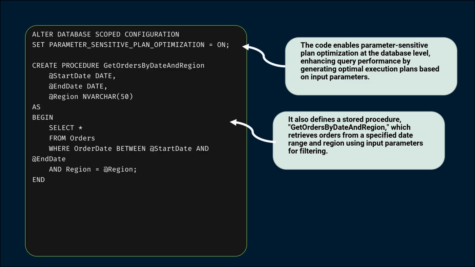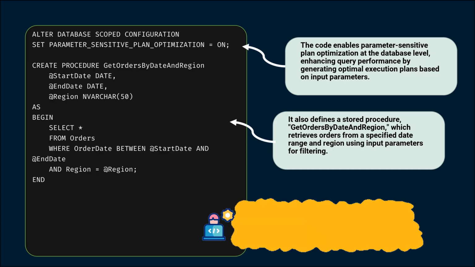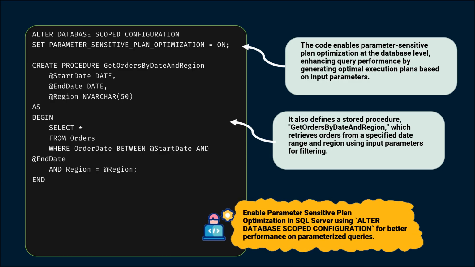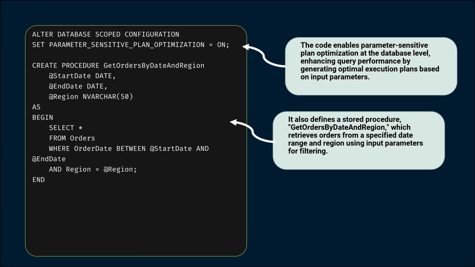Next, we'll create a stored procedure designed to fetch order details based on specific start and end dates, as well as a region. So let's define our procedure, and we'll name it Get Orders by Date and Region. We'll establish parameters for the start date, end date, and the region.